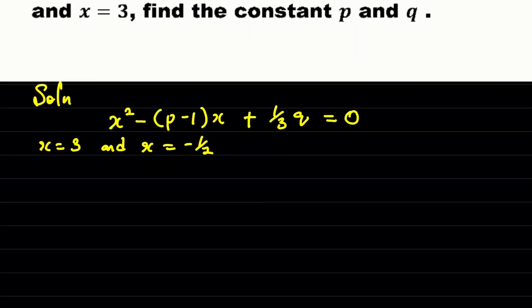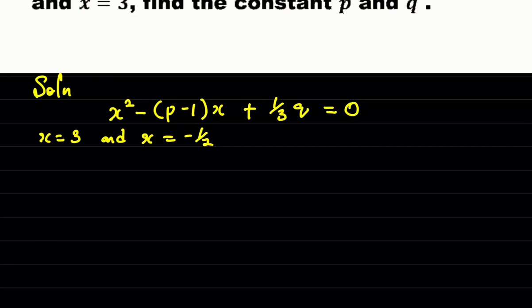Now, basically, one of the things that we can do to find the values of the constants p and q is to find the equation, since we have these two roots. So we have x equals 3, or x equals minus 1 by 2.